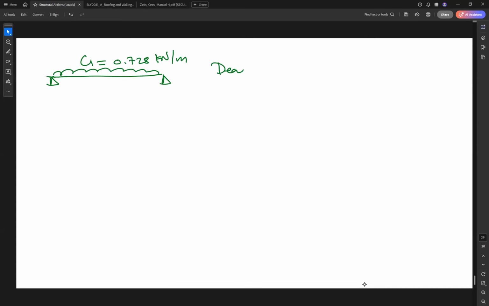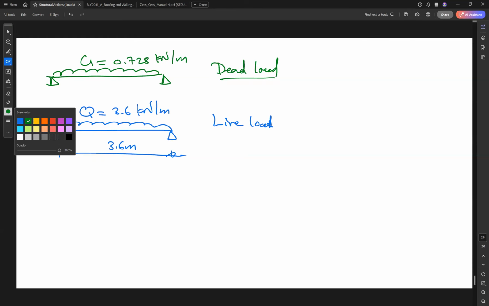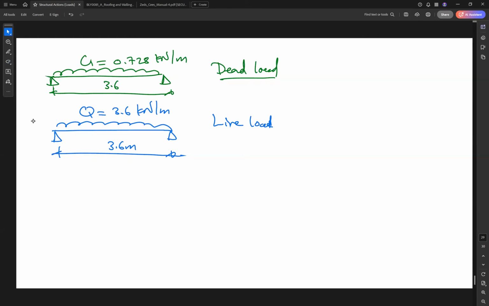This is our dead load calculations. And for live load, we have already Q equal to 3.6 kilonewton per meter as live load. The span of this beam is 3.6 meter. The span or the length of this bearer is 3.6 meter.